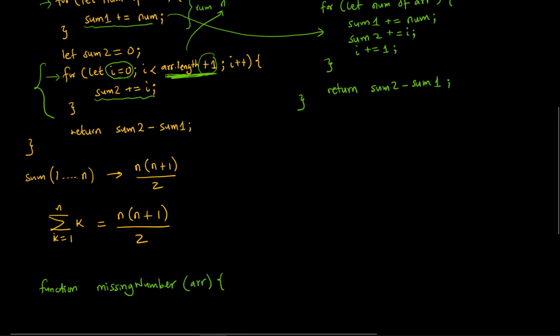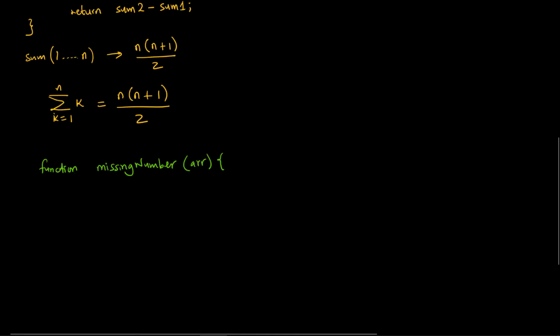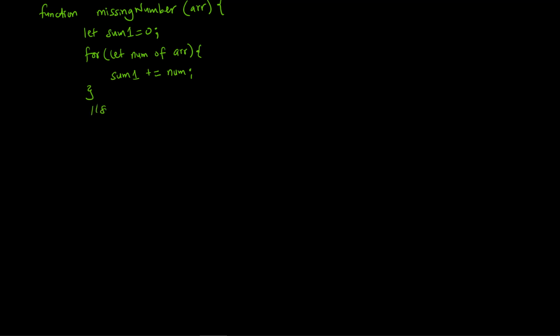So we'll still do the sum of the array. This first part will be the same. We'll sum up those numbers. So let sum 1 be equal to 0, and then for let num of array, add it to the sum. Okay, and then now apply the summation rule.